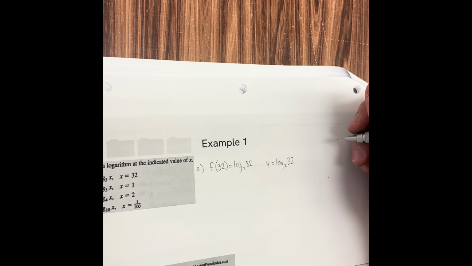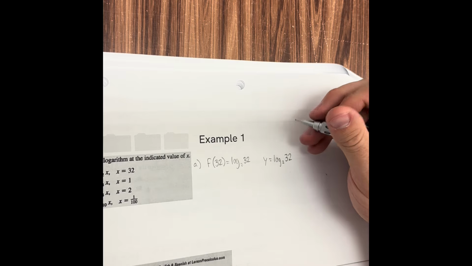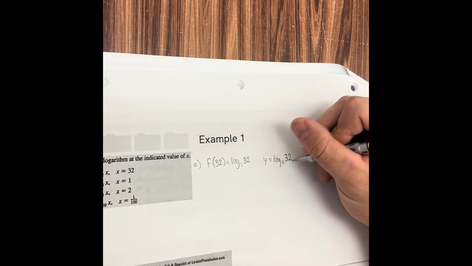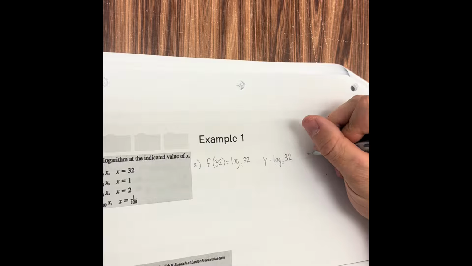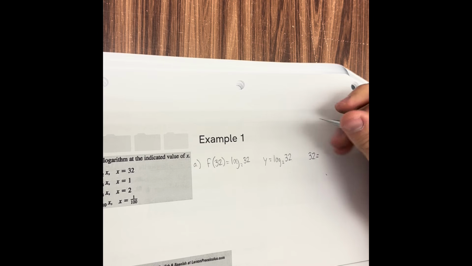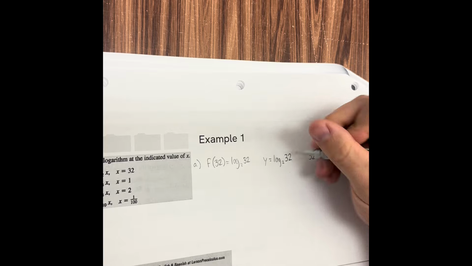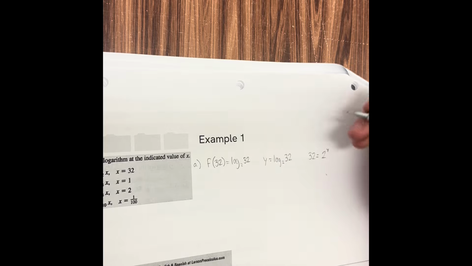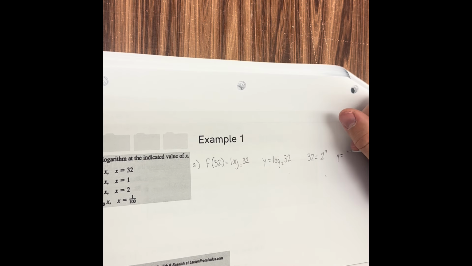I like to write it this way so that we can rewrite it in power form. So again, this number within your log is equal to the base of your log to the power of the other side. So 2 to the power of y equals 32. If we think of what y has to equal, 2 to the power of something equals 32, y is equal to 5.